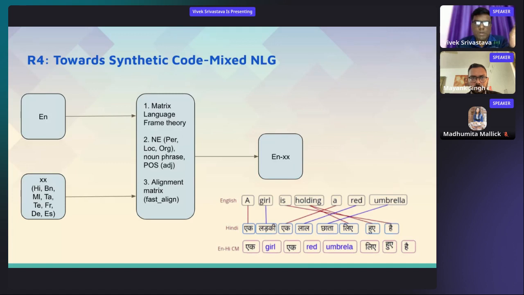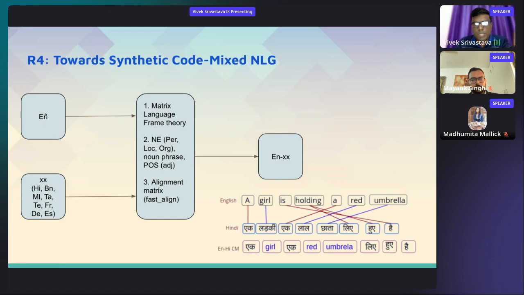the human or algorithmic generated step, where they have English sentences and 8 different languages. So these are 8 different parallel data sets. This is one of the examples of how they did it. First, they use the matrix language frame theory, where these languages are treated as matrix language, which means that the grammar or the structure of the sentence will be formed from these languages.